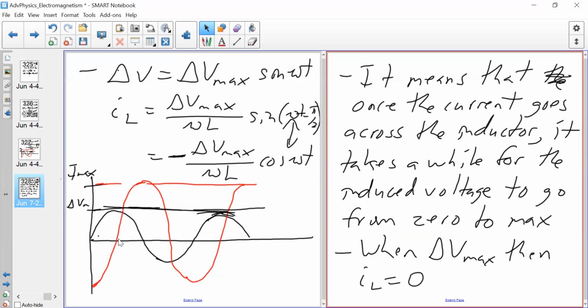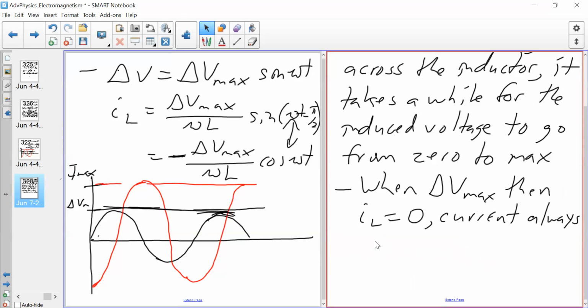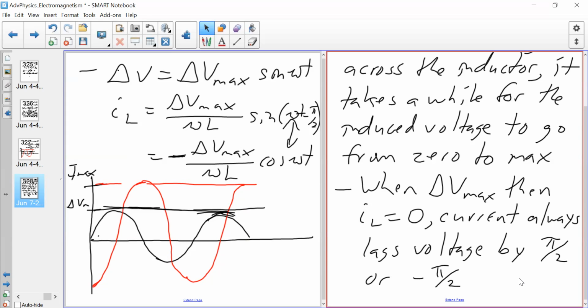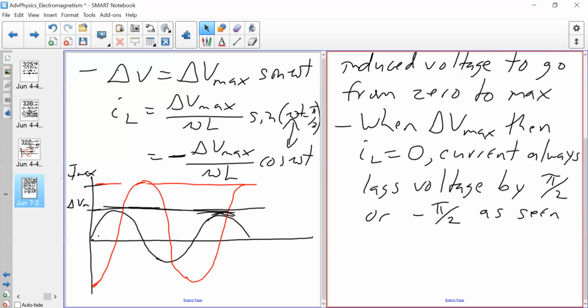So current is always going to be behind it. So it's just a lag.